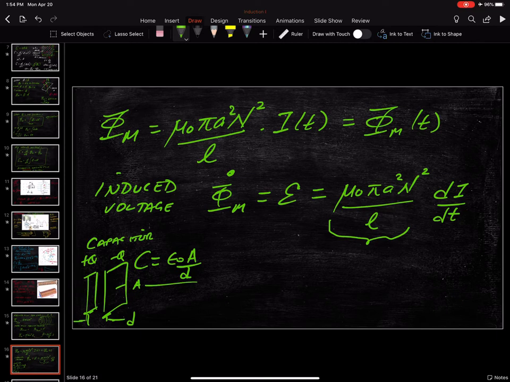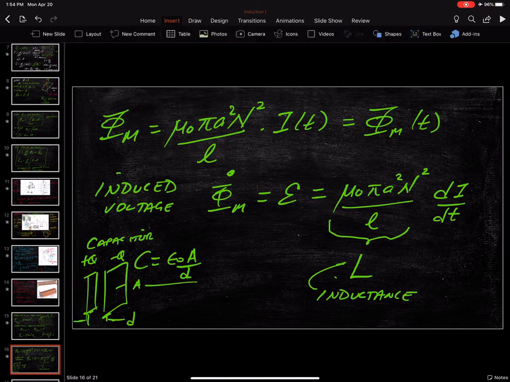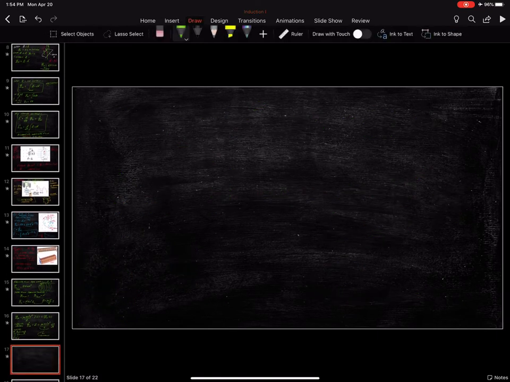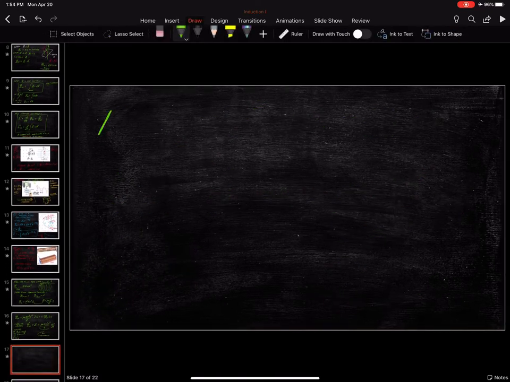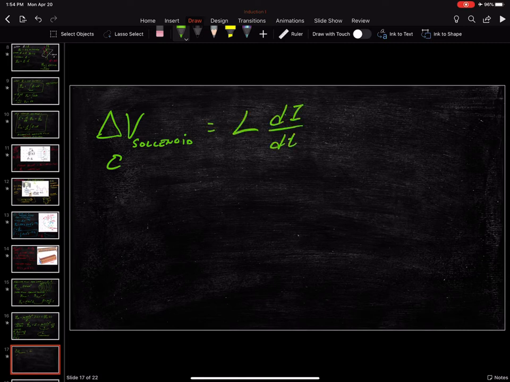And so this thing has its own little letter. This is called L, and L is what's called the inductance. The inductance of this thing. And so what you find is that the change in voltage through this solenoid, delta V, which I've been writing as my E, is equal to L times di dt.